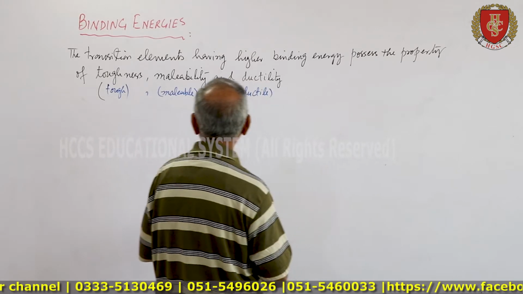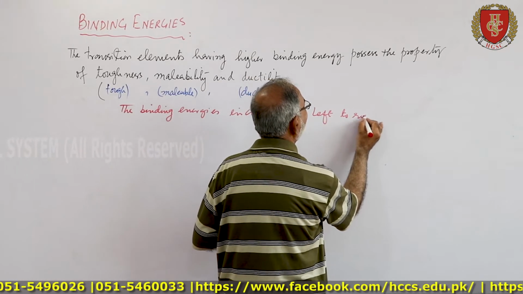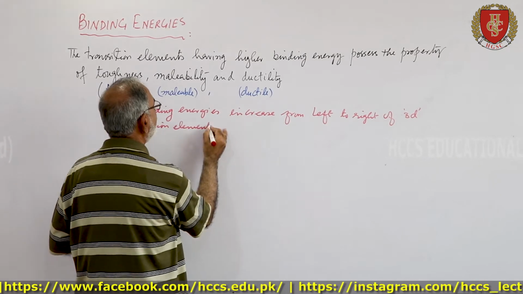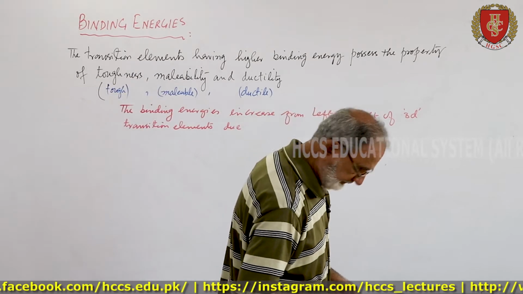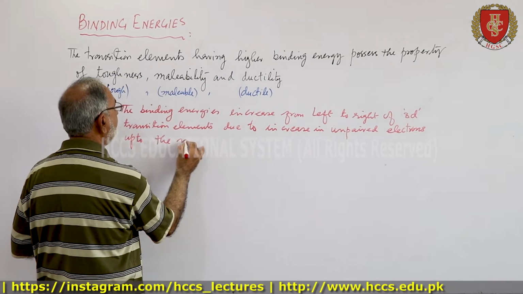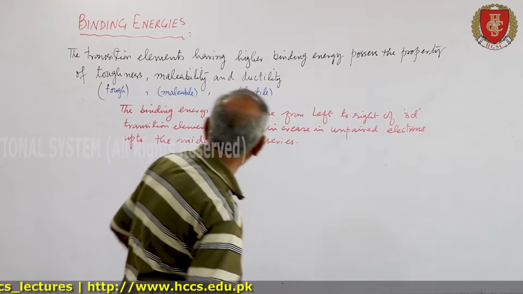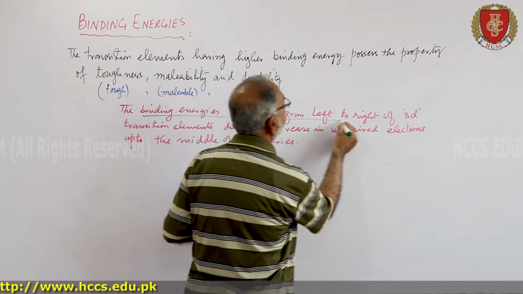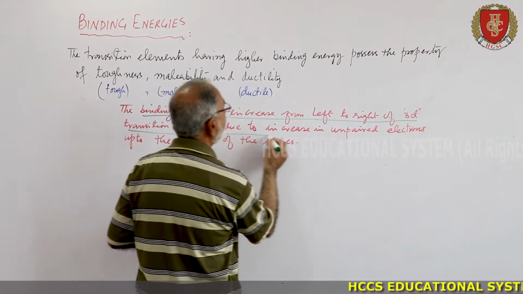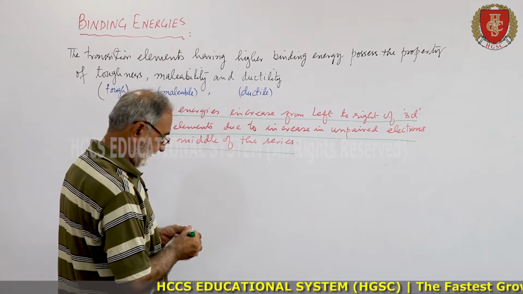The binding energy increases from left to right in the 3d series of transition elements, due to the increase in unpaired electrons up to the middle of the series.